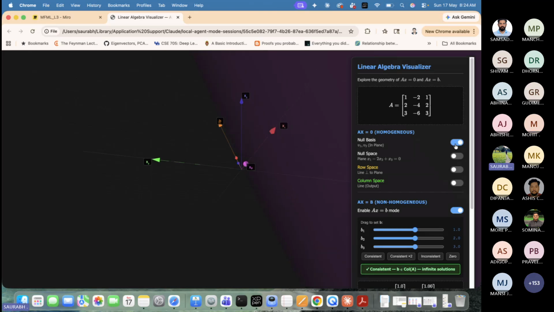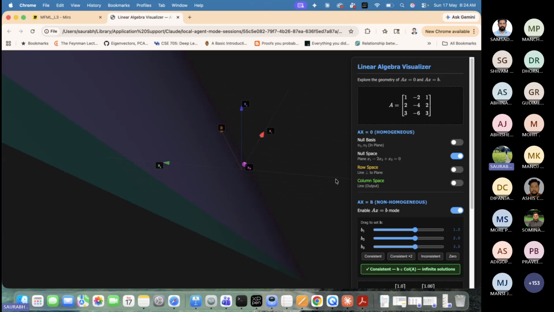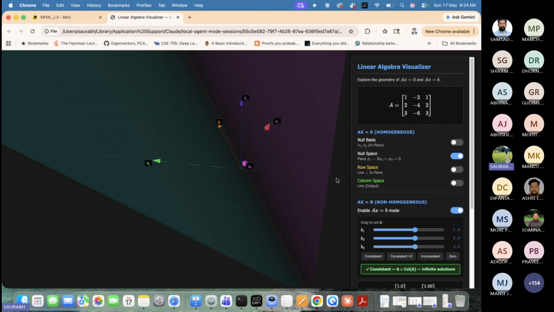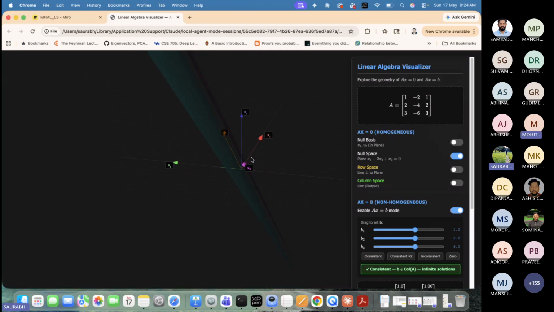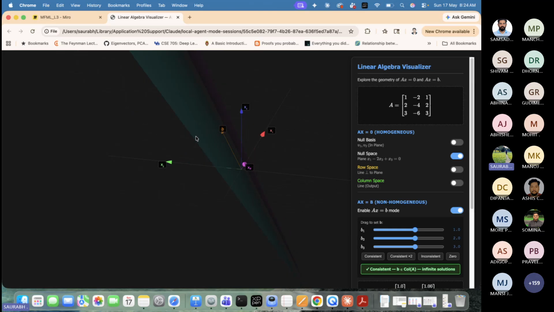Sorry, this is the null space basis, but if you add the null space to it, these two are the different spaces that you see. The teal blue color is the null space, and the purple color is the particular solution one. This entire space that you see in purple color is the solution space, which contains the particular solution plus the null space. If you add the teal blue null space plus x_p, you eventually get the solution space.